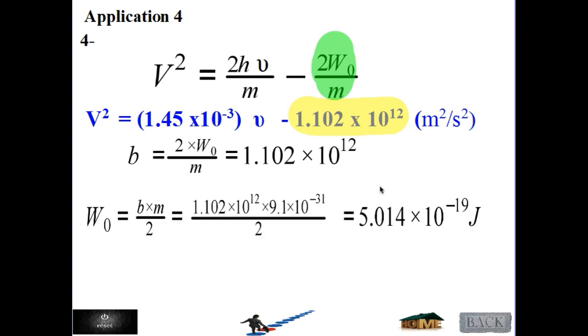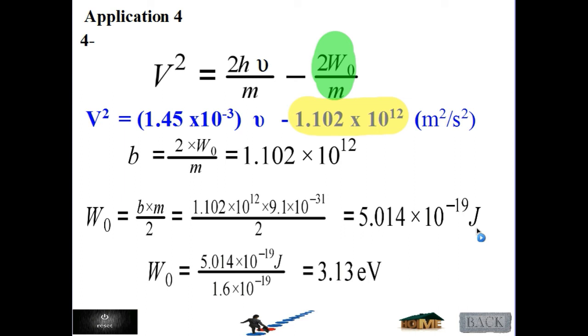Thus W0 equals b times m over 2, 1.102 times 10 to the power 12 times 9.1 times 10 to the power minus 31 over 2, and our work function is 5.014 times 10 to the power minus 19 joules. To calculate it in electron volt, we should divide by 1.6 times 10 to the power minus 19. Thus the answer is 3.13 electron volt, and this is the work function of this metal.